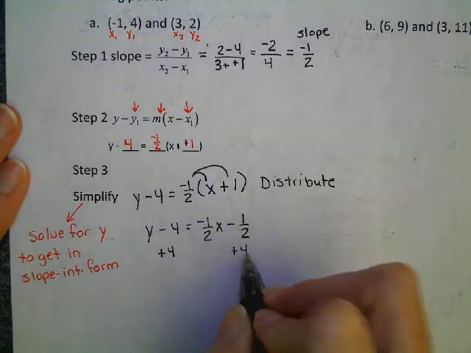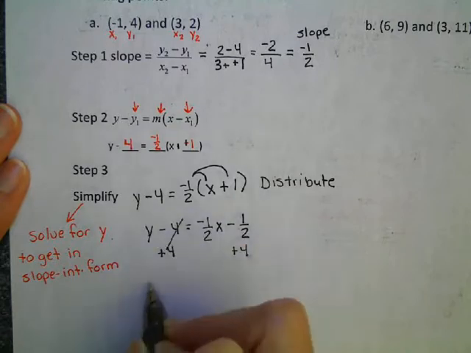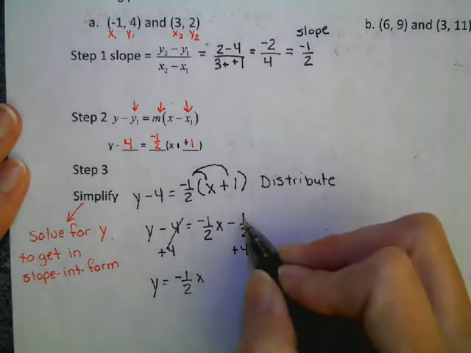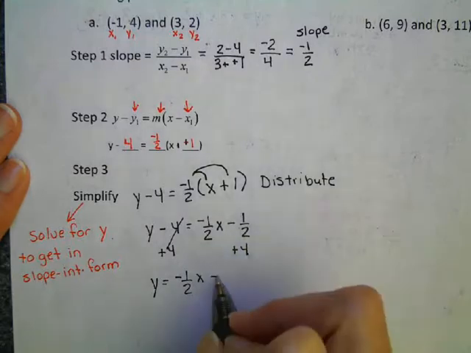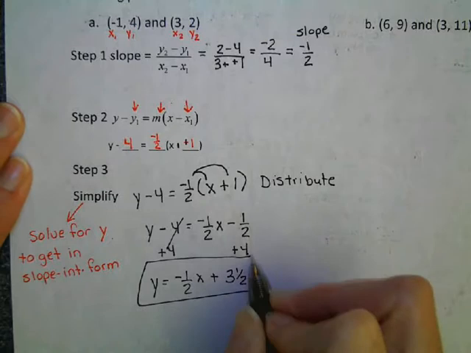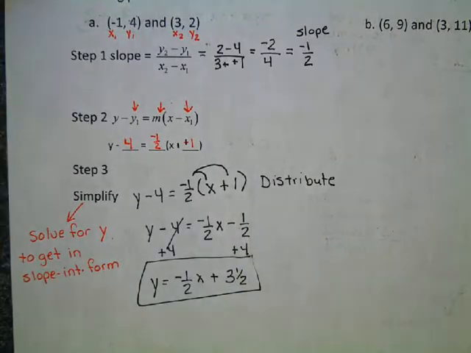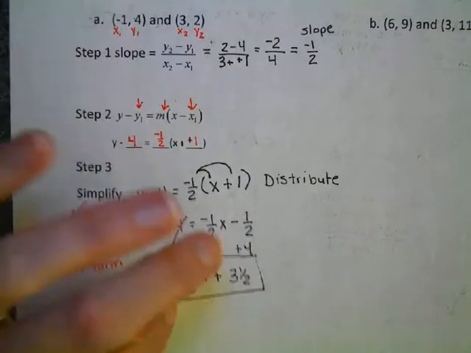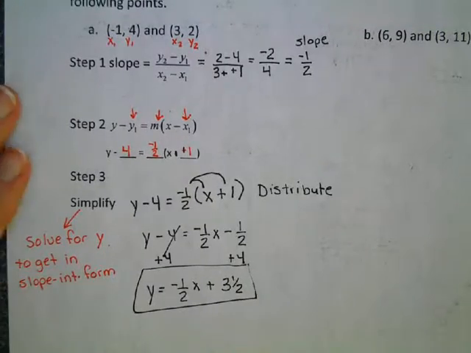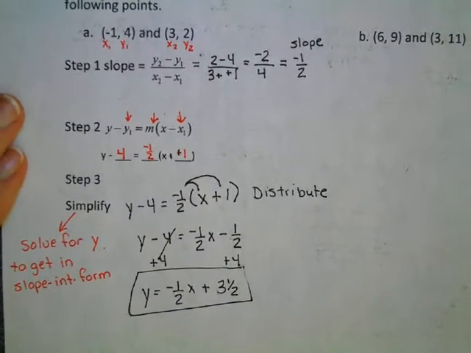Then the step to get y by itself, you would add 4 to the other side, to the one that doesn't have an x, because 4 doesn't have an x. So negative 1/2 plus 4 gives me positive 3.5. So that, given these 2 points would be on this line if we graphed that line.